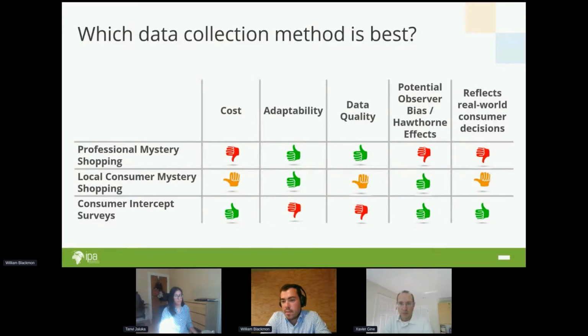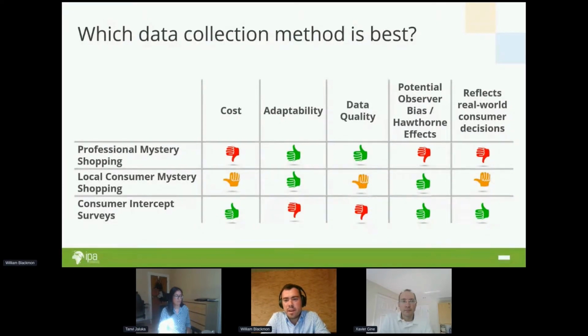But that mystery shopping by local consumers may save money relative to professional mystery shopping because of the travel expenses that I mentioned before. In terms of adaptability, we consider mystery shopping, both professional and local mystery shopping, to be better than consumer intercept surveys because we as researchers can control exactly what mystery shopping visit scenarios are carried out.